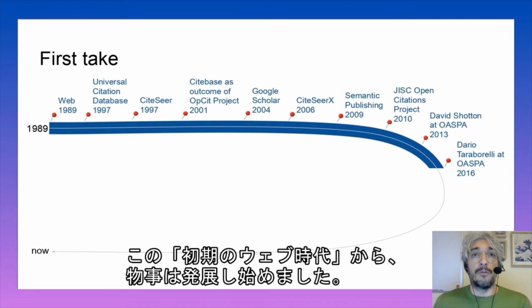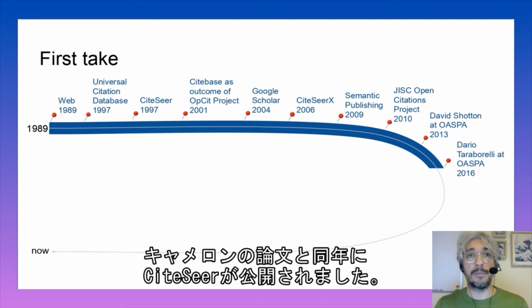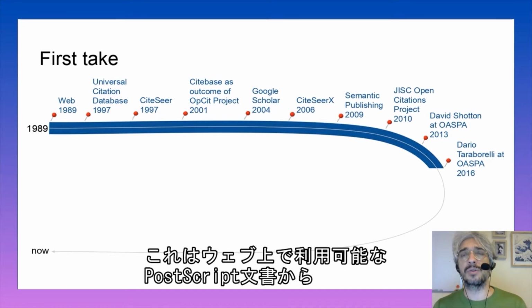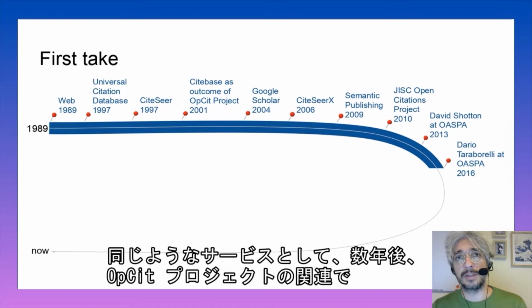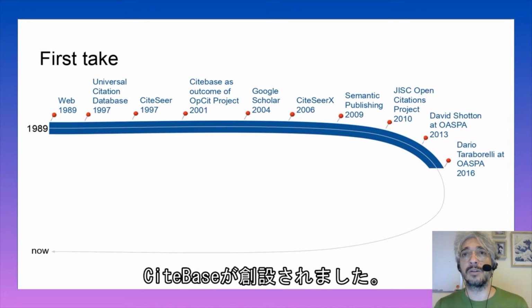From this initial web age, things started to develop. In the same year as Cameron's article, CiteSeer was launched, a service that crawls citations from PostScript documents available on the web. Along the same lines, a few years later, CiteBase was created in the context of the OpenCit project.